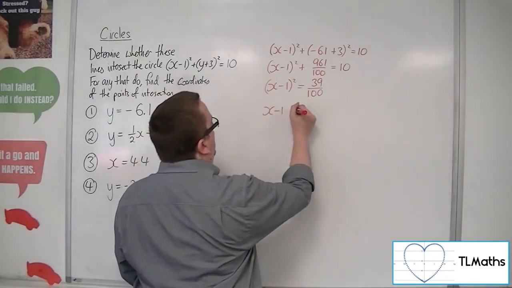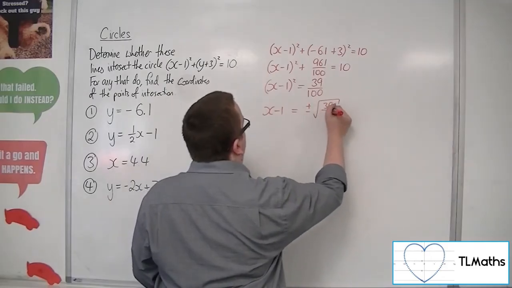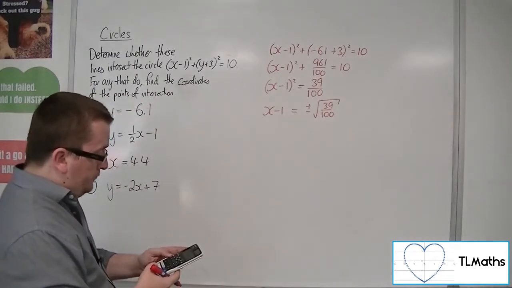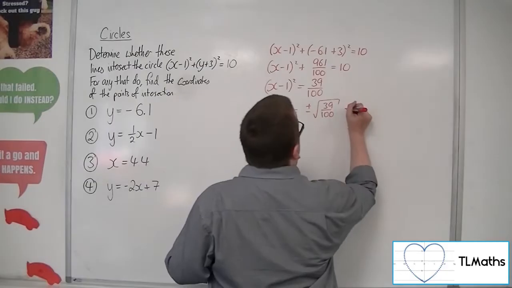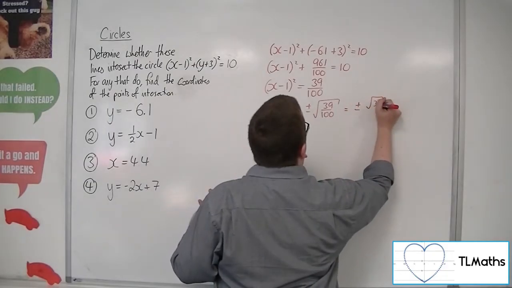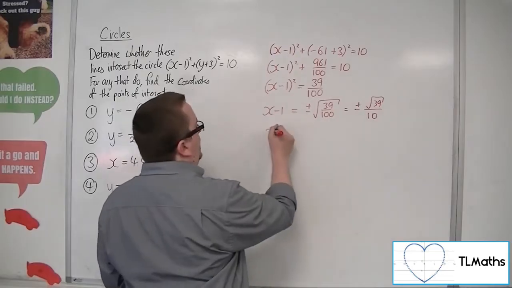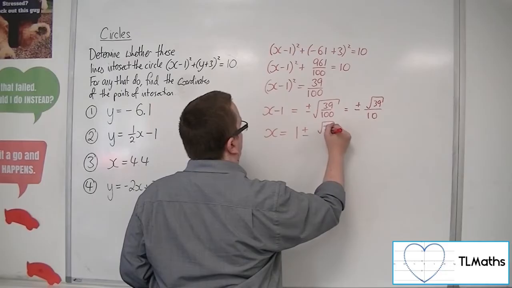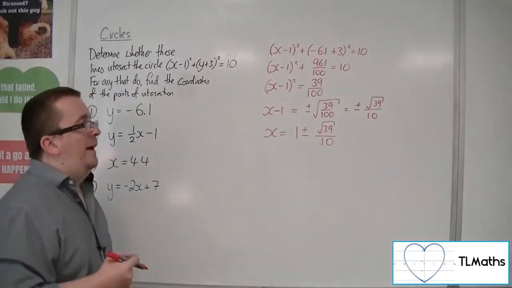So x - 1 is going to be equal to plus or minus the square root of 39/100. Well, that just gets me plus or minus root 39 over 10. Then you can add 1 to both sides.